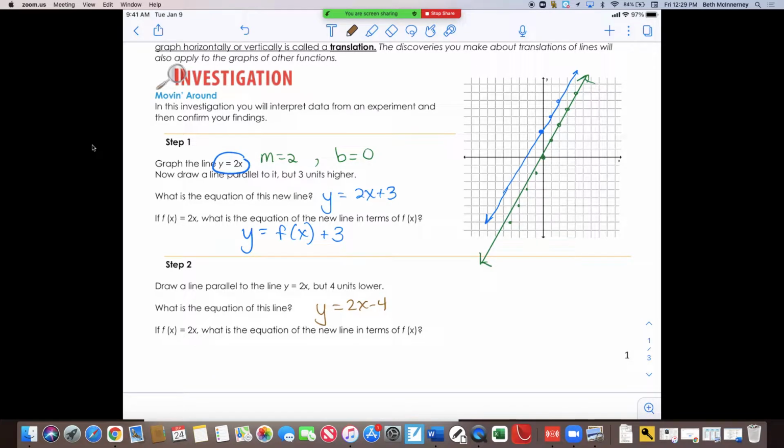And on the grid, you're just going to go down 1, 2, 3, 4, and then do a slope of 2. In terms of f of x, see, f of x is y. So it was 2x, and then we subtracted 4.